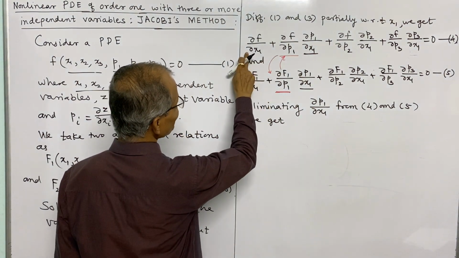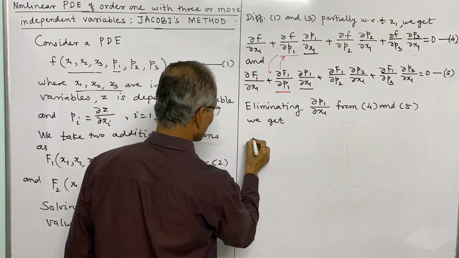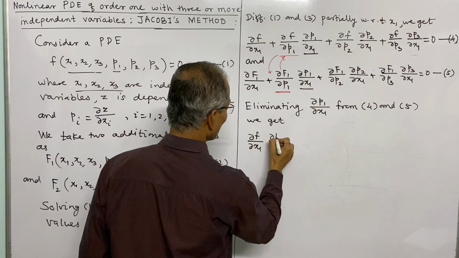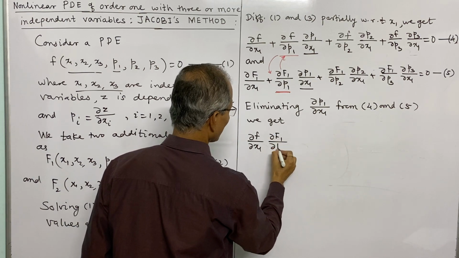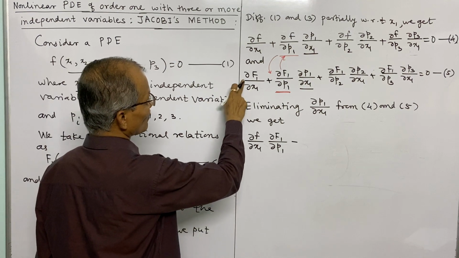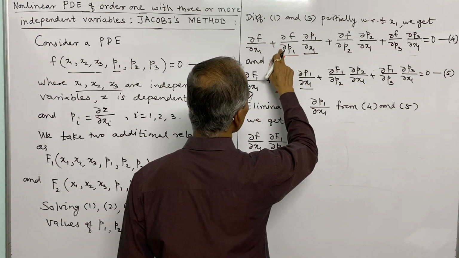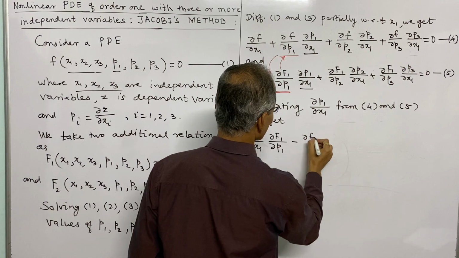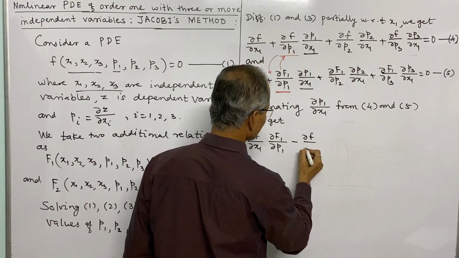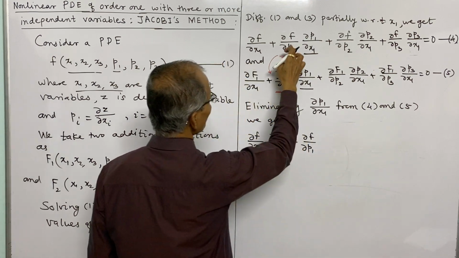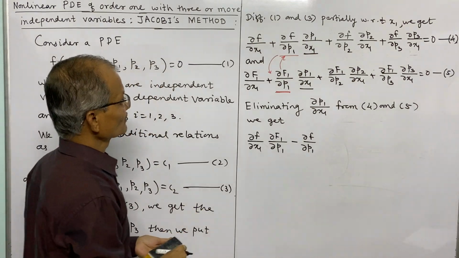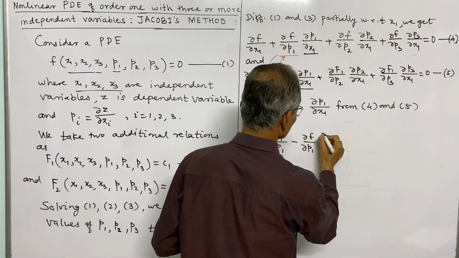So we have the first term ∂f/∂x1, and this is to be multiplied by ∂F/∂p1, minus, and now the lower term is ∂F/∂x1, and that is to be multiplied by this, ∂f/∂p1 into ∂F/∂x1.